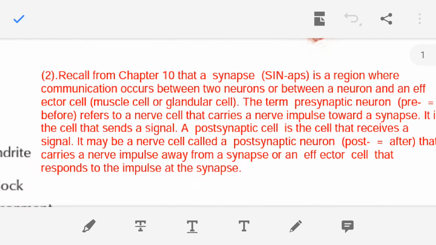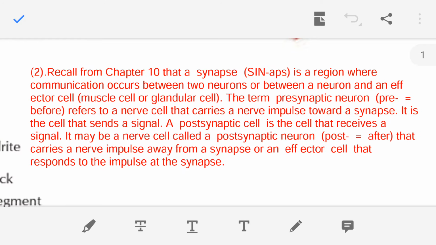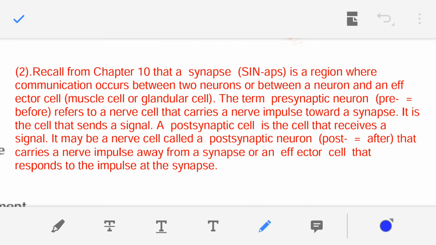Now, if you recall the topic of muscle contraction, we learned that when we contract our skeletal muscle, the nerve impulse from the nerve propagates into the muscle, and that junction, that synapse, was known as the neuromuscular junction. So between the muscle and nerve there is a neuromuscular junction as a synapse.